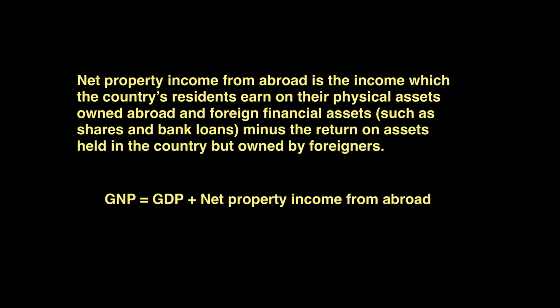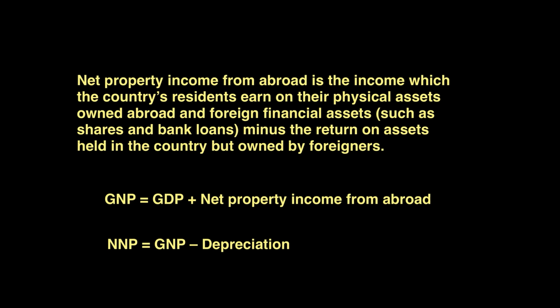Now, GNP looks at our nationals' output or income, but I can convert this GNP into NNP as well. If we subtract depreciation from GNP, it will become net national product, which will look at the net measure of the output that is produced by the country's residents.